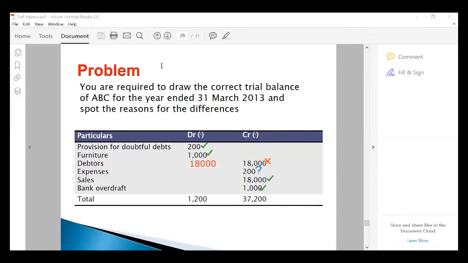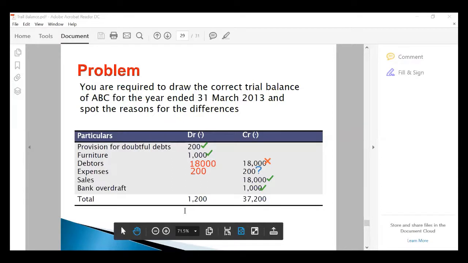And then this 200 also comes here. So my answer will be 18,000 plus 1,000 plus 400. So 19,400. My answer is 19,400.